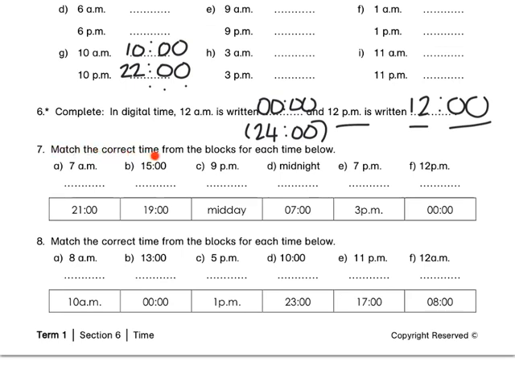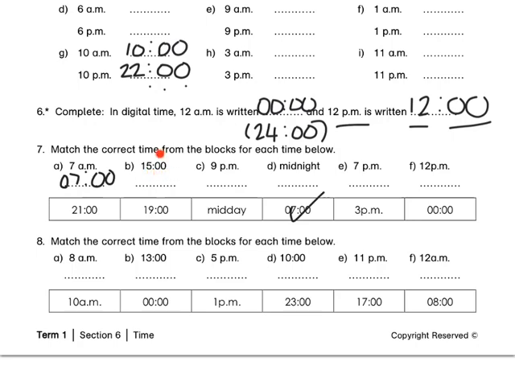Match the correct time from the blocks, so here's our times in the blocks, for each time below. 7 a.m. we know this is in the morning, so only 7 hours of the day have passed, so it is that one. And I'm going to mark it off. For this one here, 15 hours of the day have passed.